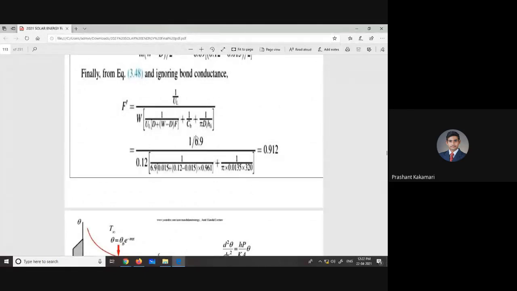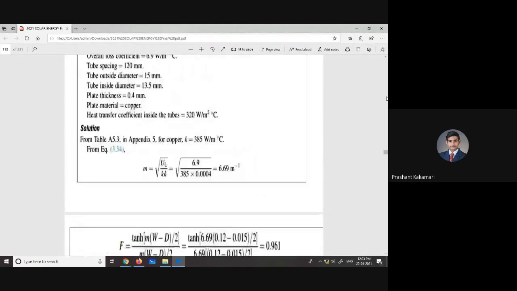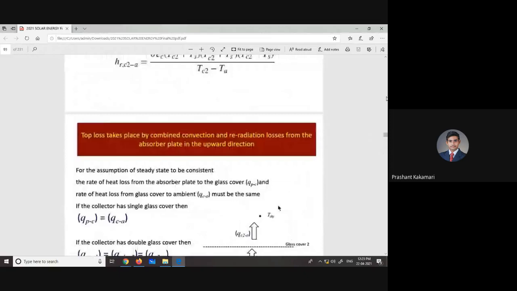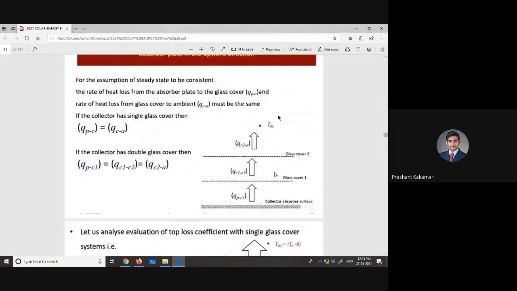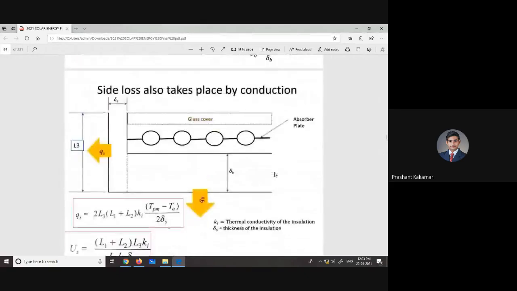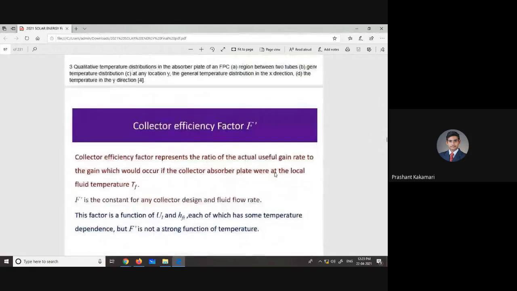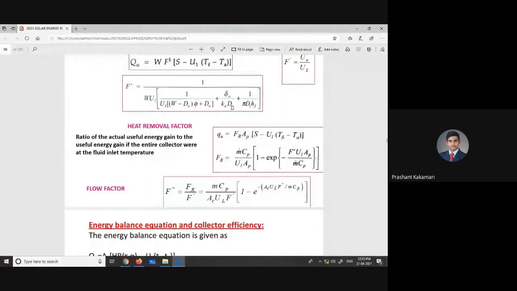Here the bond conductance Cb, that is 1 over Cb, is neglected. As per the theory discussion, you can see the bond conductance is delta A by Ka, with the outer pipe and the adhesive material. This Ka and delta A are the bond; it is nothing but Ka by delta A that is the Cb value.